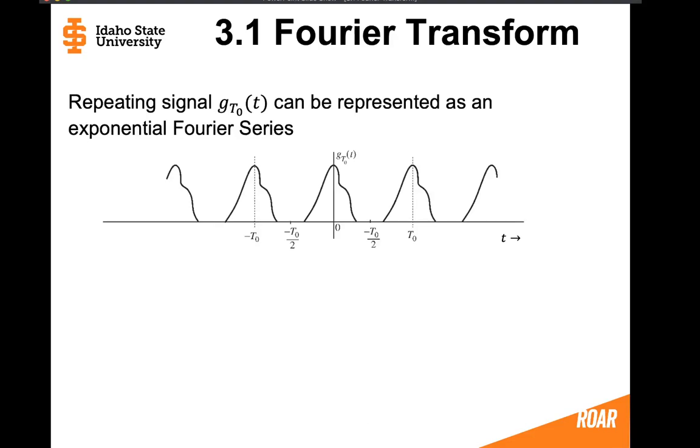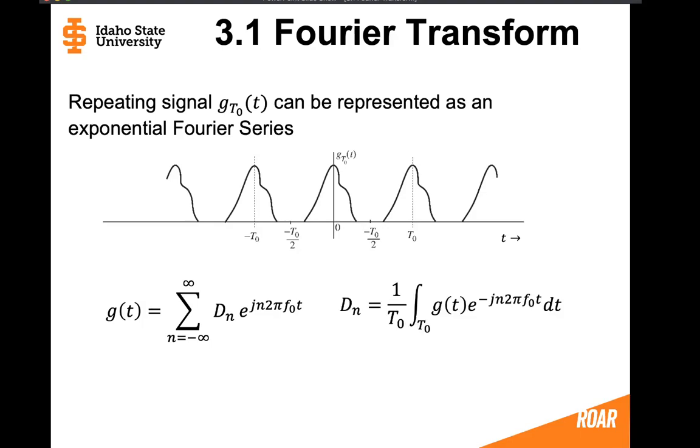If we have the repeating signal, g sub T naught, we can represent it using an exponential Fourier series. Again, you probably saw this in your signals class. We would write the time domain signal as an infinite summation of some coefficient D sub n multiplied by exponentials.